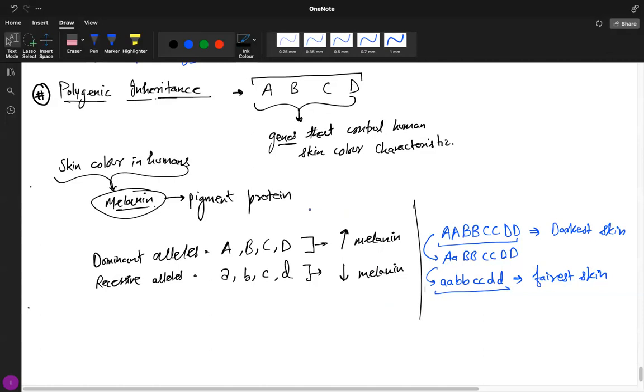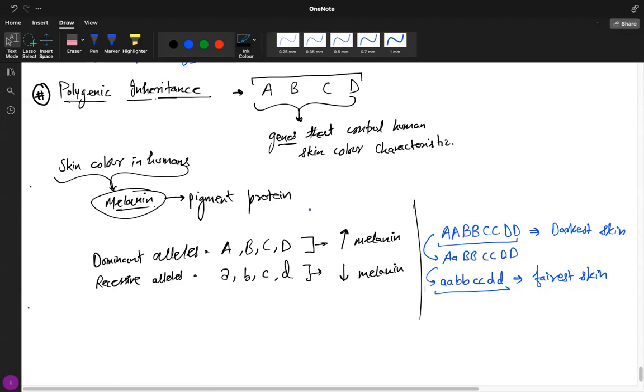Most of the time, these polygenic inheritance genes are also affected by environmental factors. Skin color does not depend only on genetics. If you are born to fair parents, but I send the person to a very hot nation near the equator, in Africa or an equatorial country like South India, do you think the person will maintain their fair skin color?